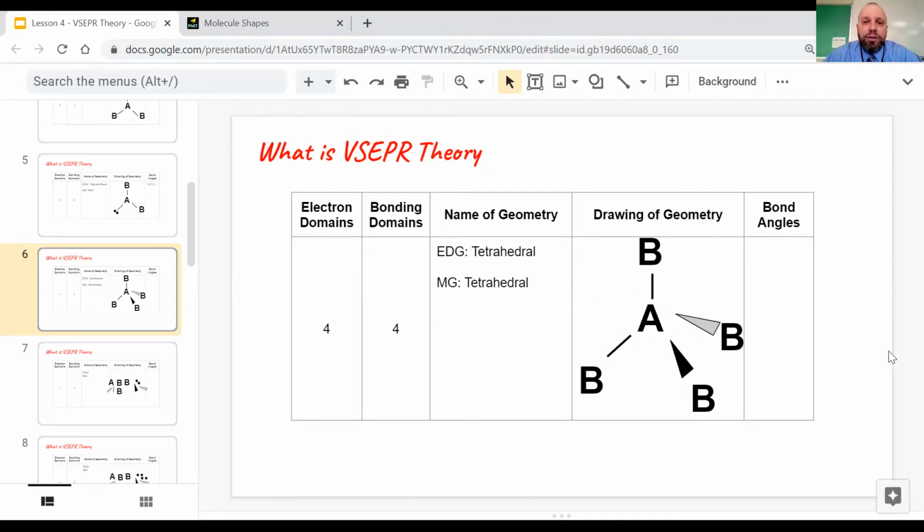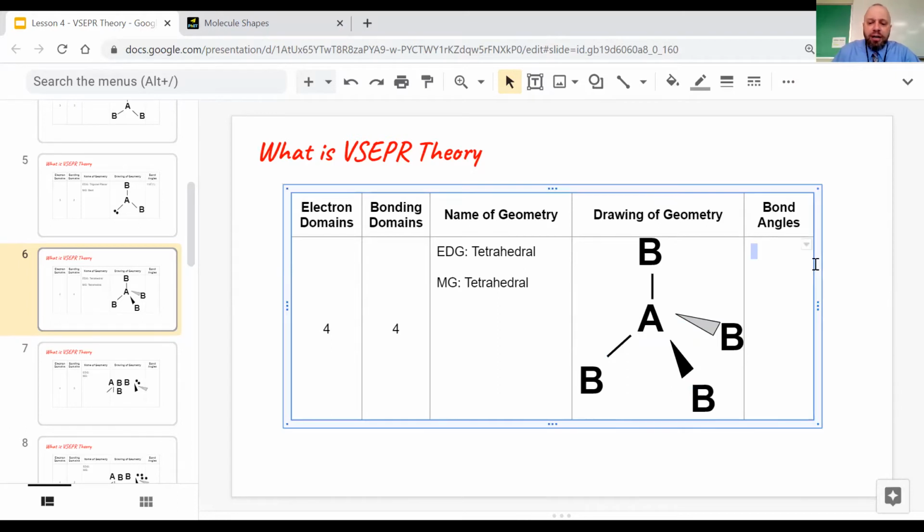So this is what our tetrahedral molecule will look like. As I mentioned earlier, the bond angles in this case are 109.5 degrees. And if you look, we have 6 of those. So the top one with each of the B's that are down here, that's 3. And then each of these B's through the A with each other, it's the other 3 for a total of 6.